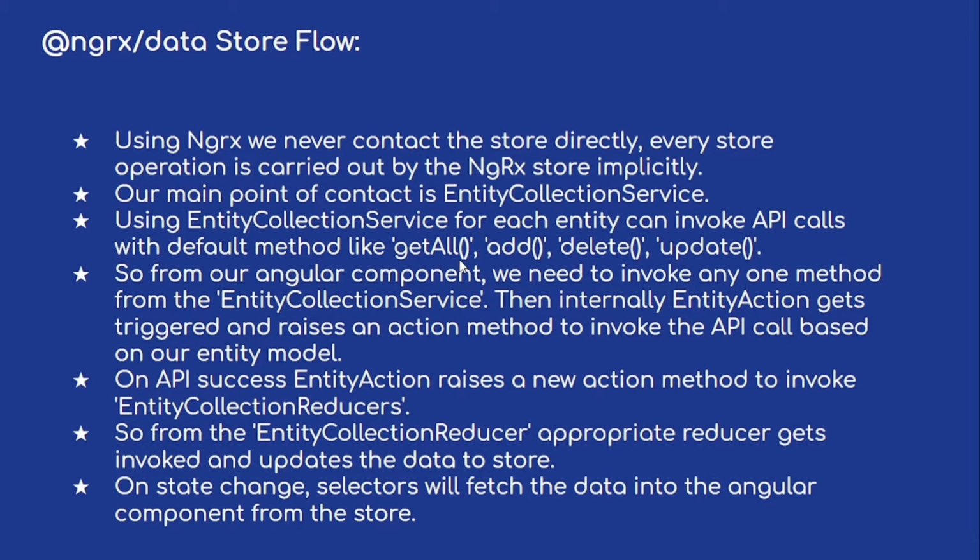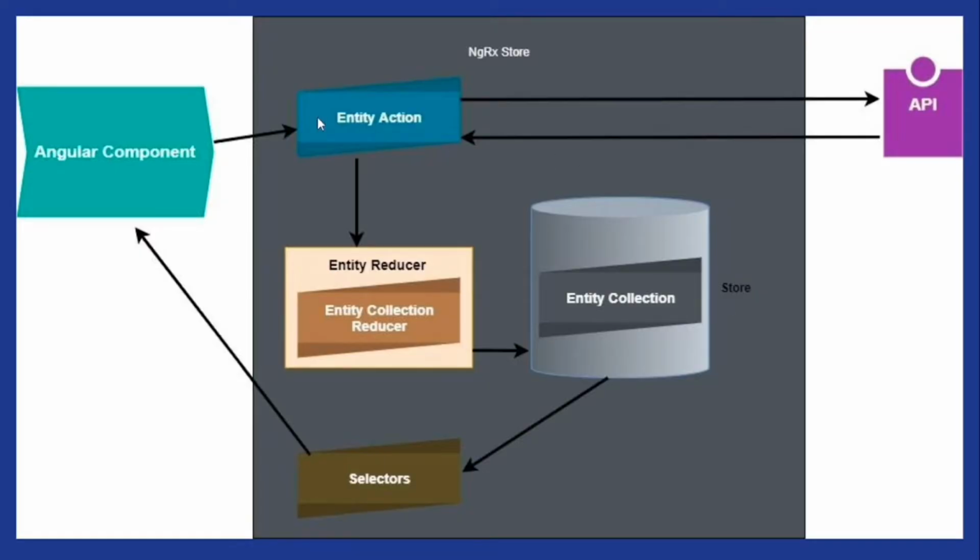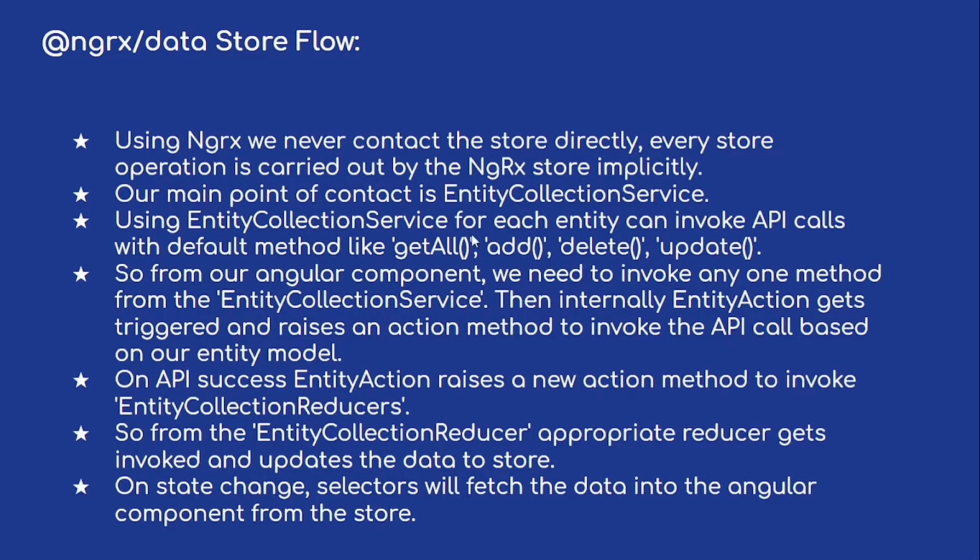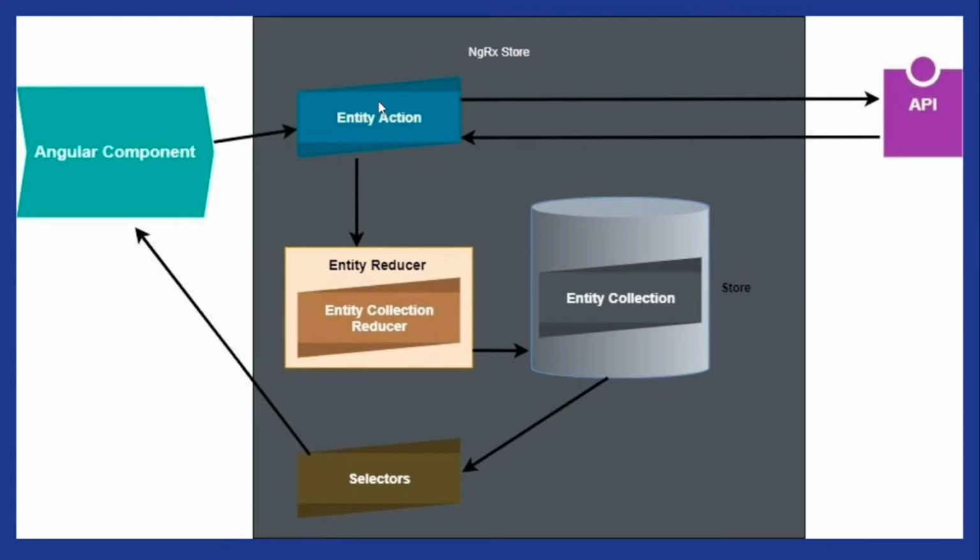Once this code is executed, an entity action gets triggered internally. The entity action raises an action method to invoke the API call based on our entity model. The entity model is nothing but the response model. How that entity model invokes the API, we will understand when we jump into the coding. So think of it like this: the action method is triggered and it invokes the API call.